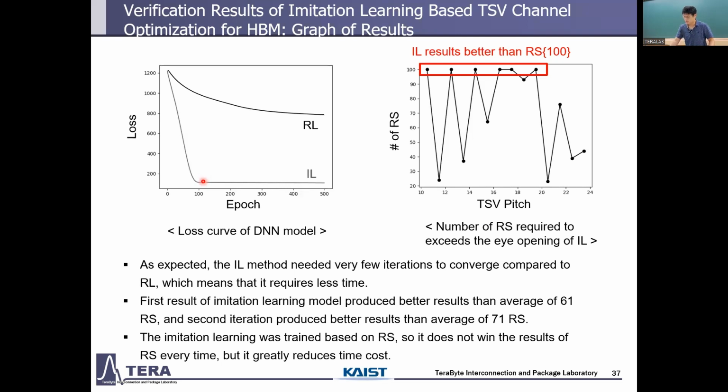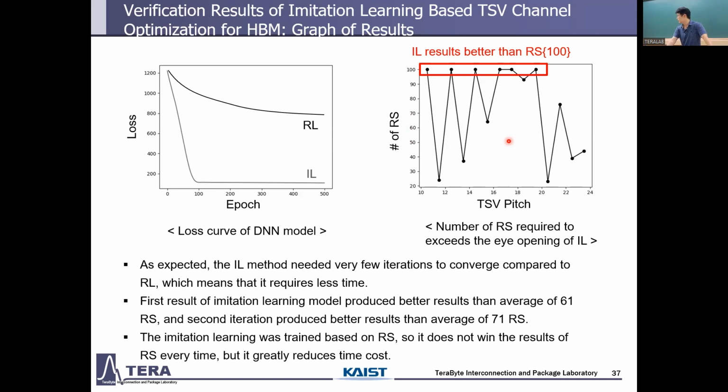And the graph on the right shows that our imitation learning results are better than the average of 61 random searches. And second, if we run the imitation learning a second time, because imitation learning gives slightly different data every time.